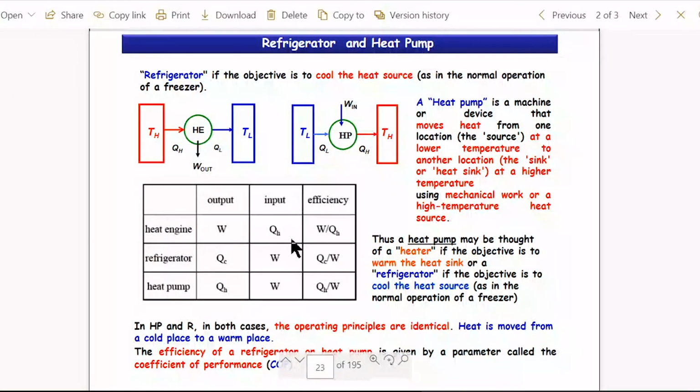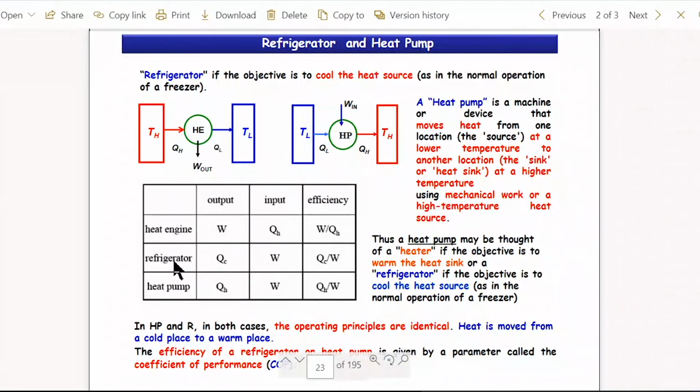While for a heat engine, it is always the work which we want. Work is the output, and the input is the high temperature reservoir. Whatever amount of heat is exchanged from the reservoir to the system is the input, and what we get is the work done by the machine or the engine as the output.